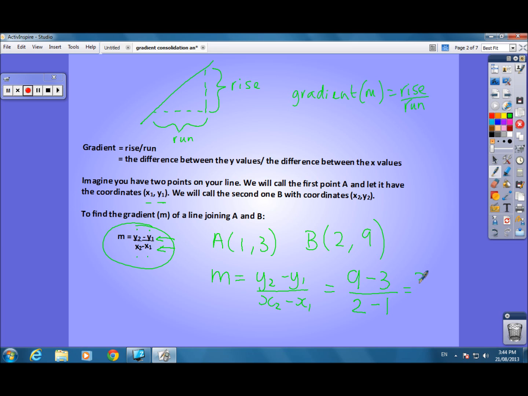So 9 minus 3 is 6, divided by 2 minus 1 is 1. So the line that joins A and B here has a gradient of 6. That's not too bad, is it? I'll give you some exercises to do to give you some practice on that.